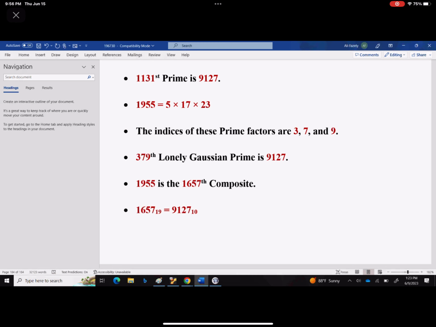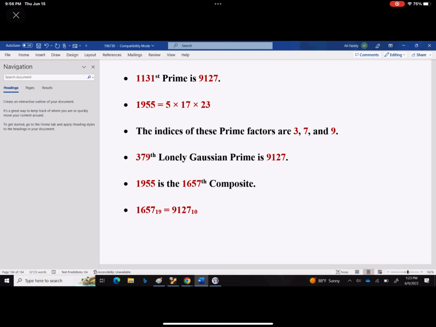Now, I have another story to tell you, and we've talked about this before. This comes from the 19th additive prime. 1657 actually is an additive prime because 1 plus 6 plus 5 plus 7 is equal to 19.